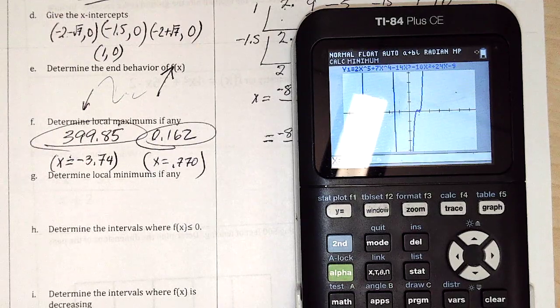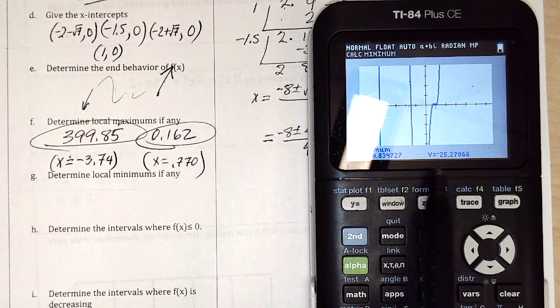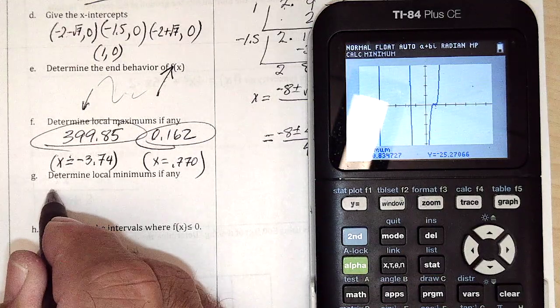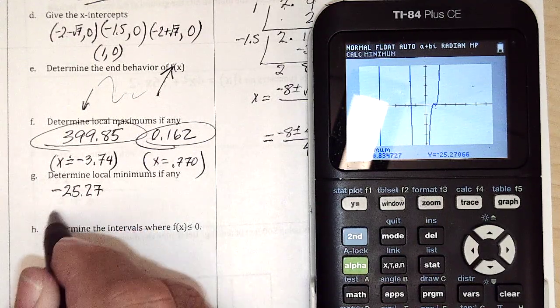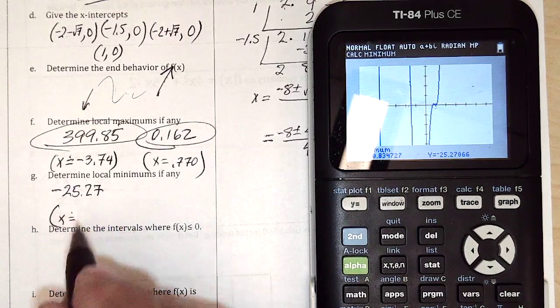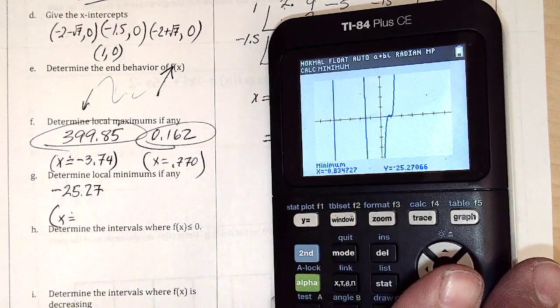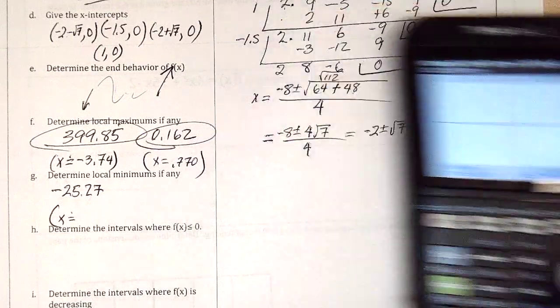And I'm going to guess -0.5, and it says the minimum is -25.27. And a note for further use, it happens that x is approximately -0.835.